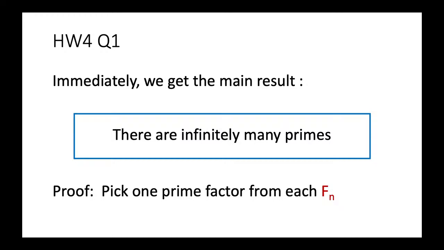So if I pick a prime factor from f of 0, a prime factor from f of 1, and so on and so forth, we will have a lot of numbers generated one by one, and each of them is different from the others. So that means that we have infinitely many primes. Okay, so this is the end of question 1.